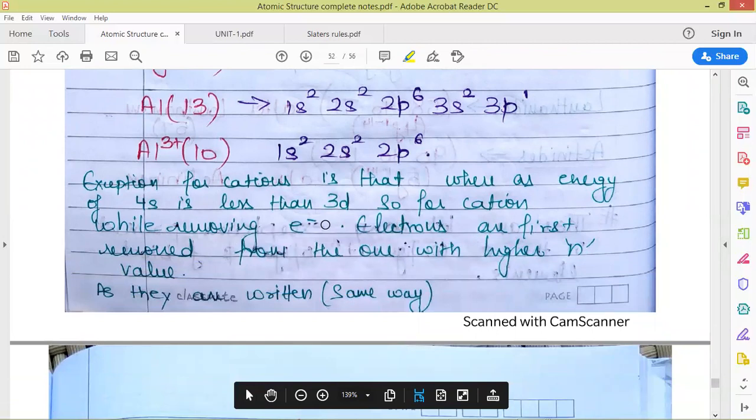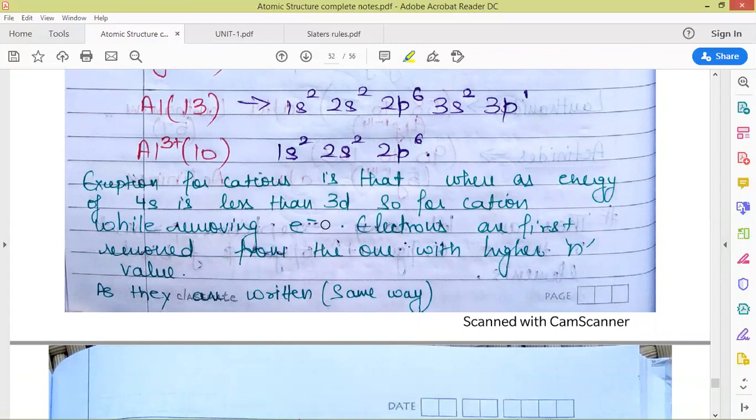Now there is an exception for cations, where the energy of 4s is less than 3d. As we all know, 4s is filled first, prior to 3d, as far as energy is concerned. So while forming cations, we have to remove electrons, but while removing electrons, energy is not considered.